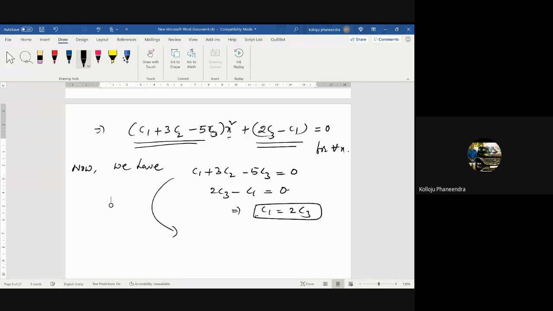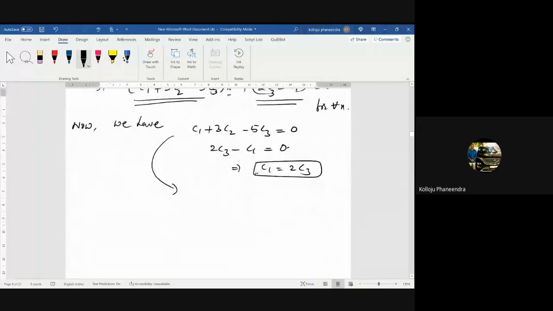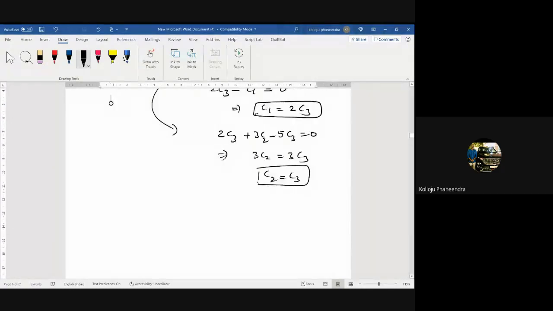Substitute here. What am I getting? 2c3 plus 3c2 minus 5c3 equal to 0. So this is 3c2 equal to 3c3, so c2 equal to c3. Right? Okay.